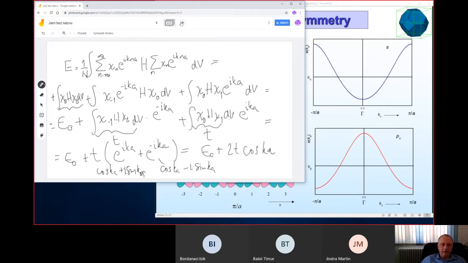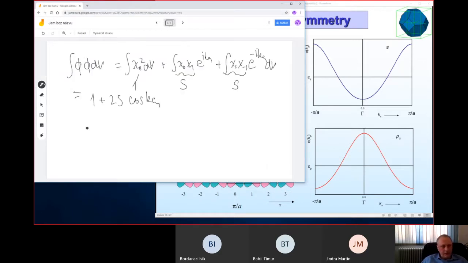So once again, I will write it. If the energy is, by neglecting this term, E0 plus 2t cosine of ka, and if for the s orbitals, where we have the same sign between the nearest neighbors, then t is less than 0, and for k equals 0, the cosine is equal to 1.